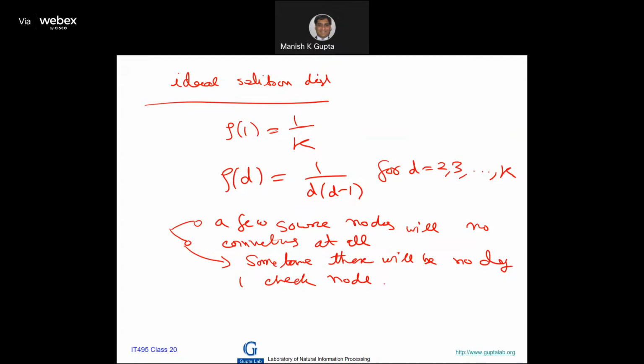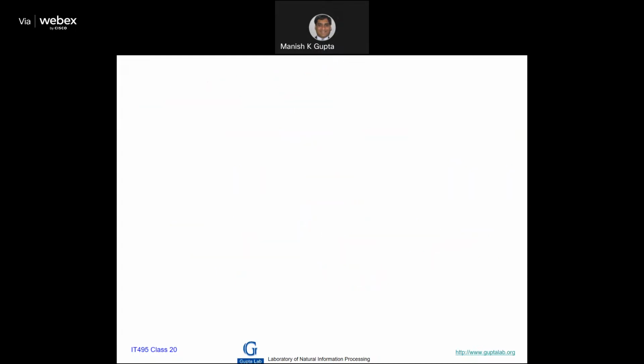He took what is known as the robust soliton distribution. So I'm going to describe the robust soliton distribution. It has two parameters, c and delta.